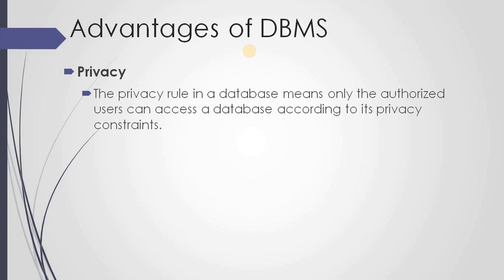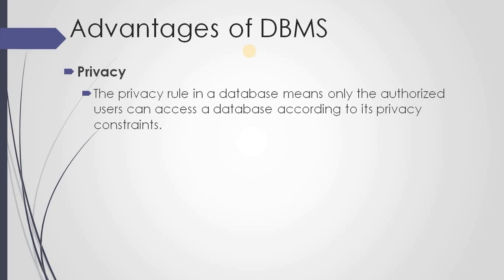Now let's take for example that a person has kept the profile picture set as it should be visible only to friends. So only and only the people who are friends of that person can view the picture. Apart from that, other people will not be able to view that picture.